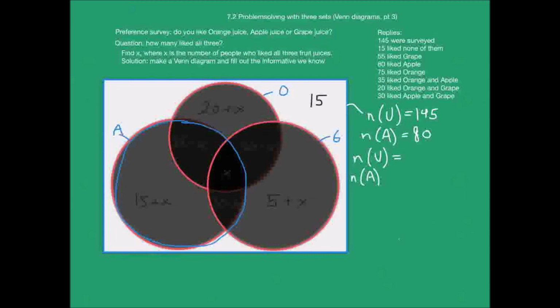But so the number of elements in U would have to be the number of elements in A plus 20 plus x plus 20 minus x plus 5 plus x plus 15.